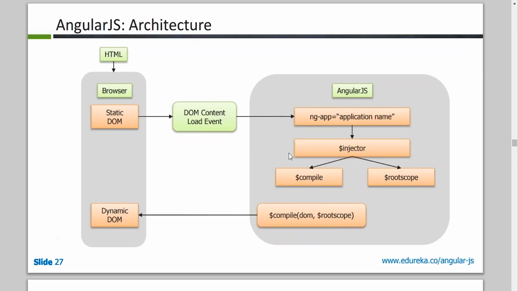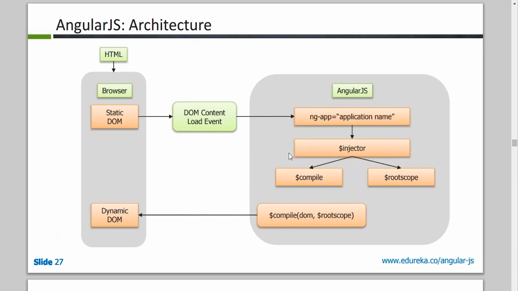I told you HTML is static. Yes, HTML is always going to be static. The little amount of dynamism or the dynamic options that you get with HTML is because of your JavaScript. In AngularJS, you have an HTML page, you have static DOM.